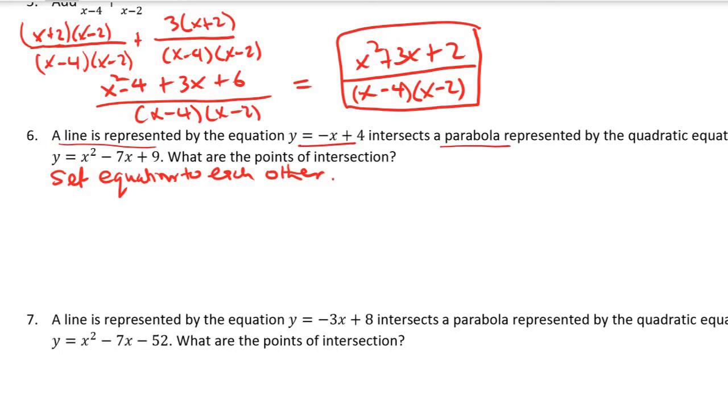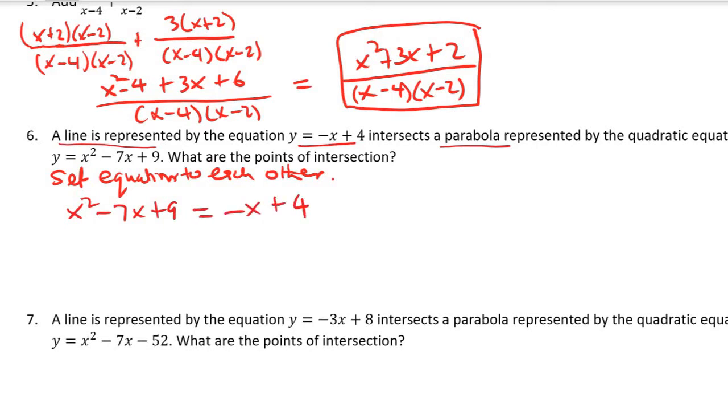Okay. So what you will do is you're going to set them equal to each other. So it will be x squared minus 7x plus 9 equals negative x plus 4.